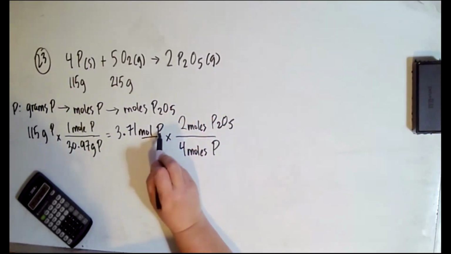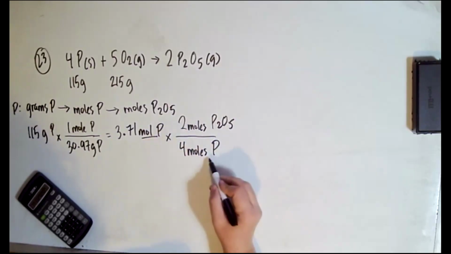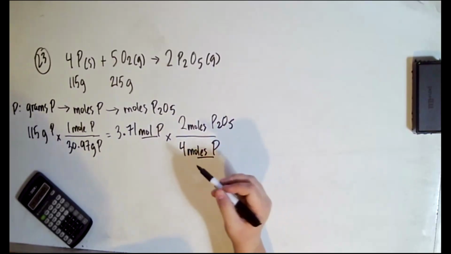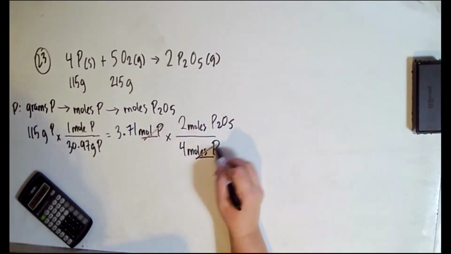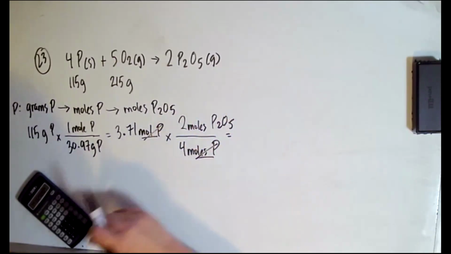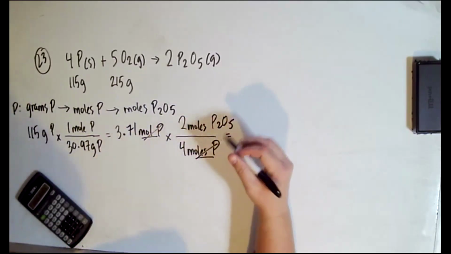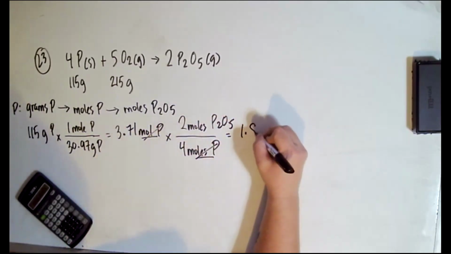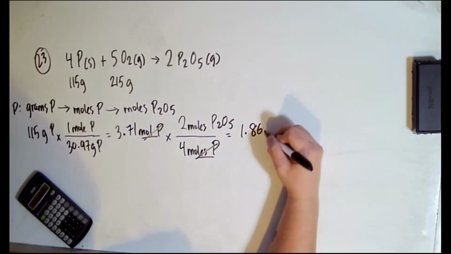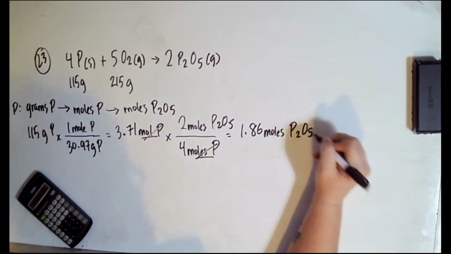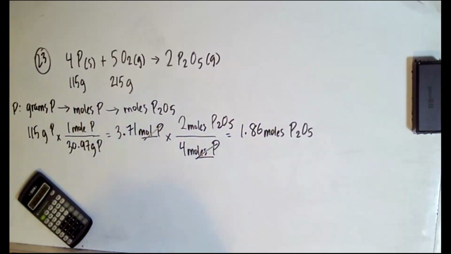Notice that if moles of phosphorus is what we start with, then moles of phosphorus is what goes on the bottom of the fraction when we make up our conversion factor so that it can cancel out.